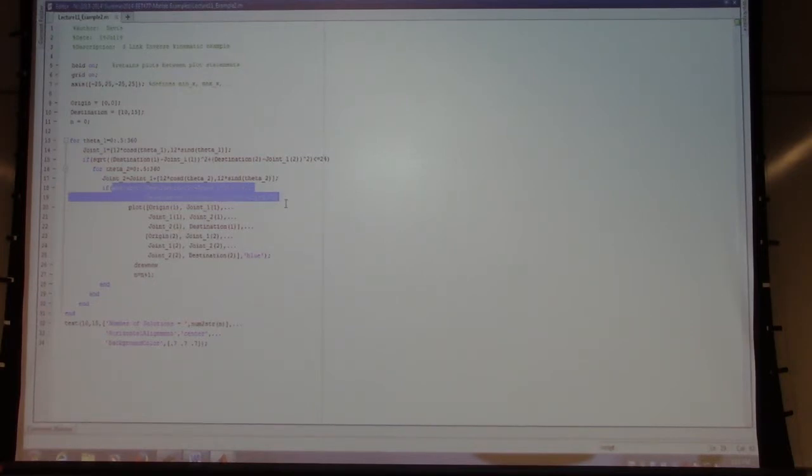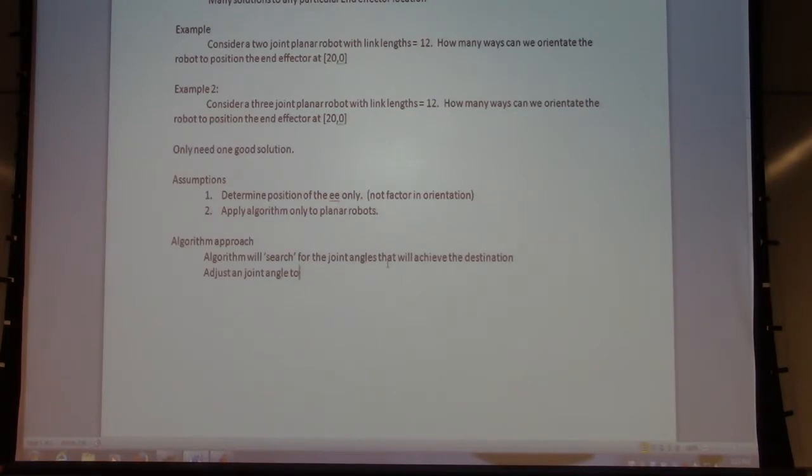All we're going to do is go through and perform a distance measurement from the end effector to the destination and keep on adjusting a joint until that distance is at its very minimum. Okay? So we're going to adjust the joint until the distance from end effector to destination is minimum. Okay, then what are we going to do?